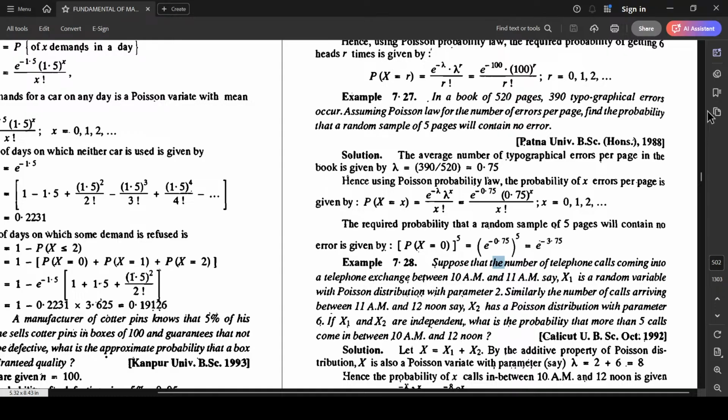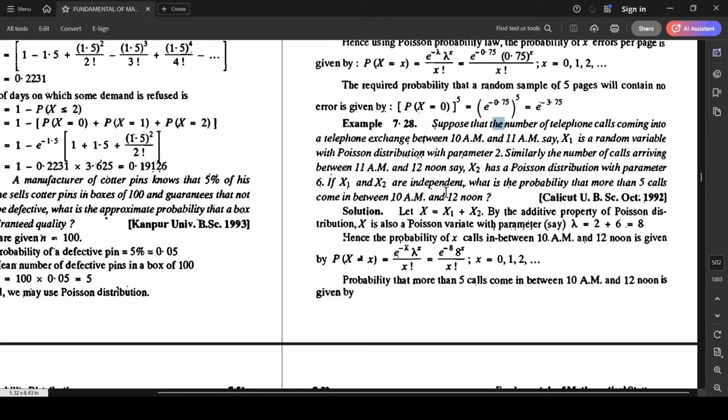Example 10.28. Suppose the number of telephone calls coming in a telephone exchange in 1 hour from 10 a.m. to 11 a.m., let's suppose it as X1, is a random variable with Poisson distribution with parameter 2.